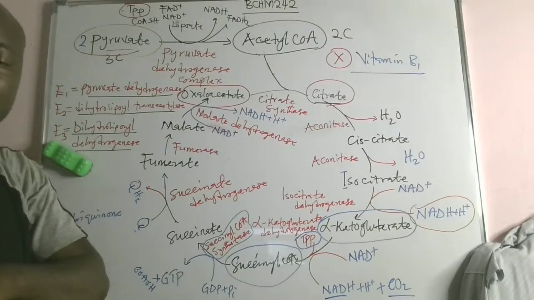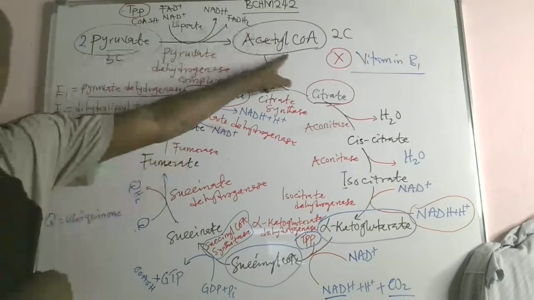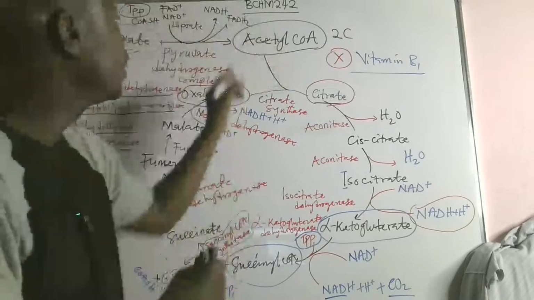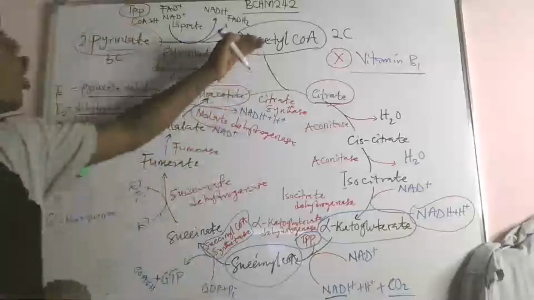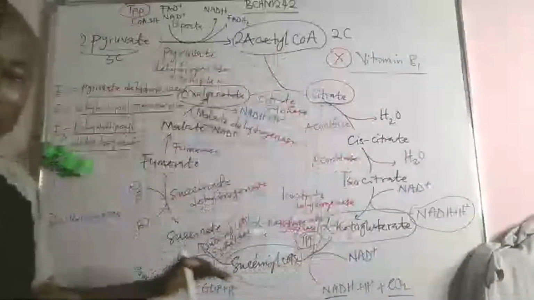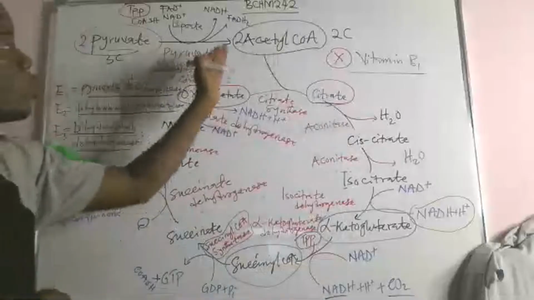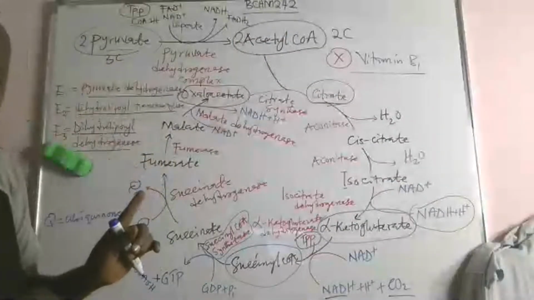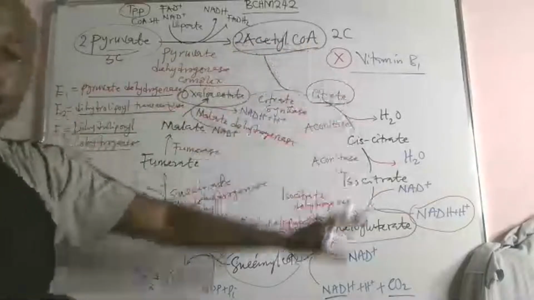If 1 pyruvate produces 1 acetyl-CoA, then 2 pyruvate will generate 2 molecules of acetyl-CoA. If 1 molecule of acetyl-CoA can undergo 1 cycle of the Krebs cycle, then 2 molecules of acetyl-CoA will undergo 2 cycles.